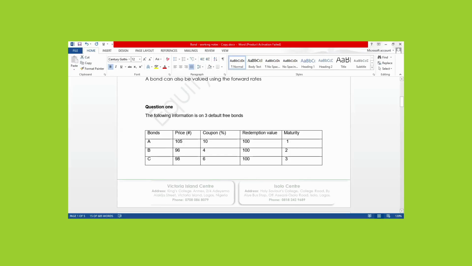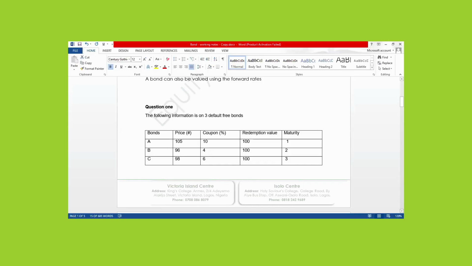The following information is on 3 default free bonds. Bond A: price 105, coupon 10%, redemption value 100 naira, maturity 1 year.